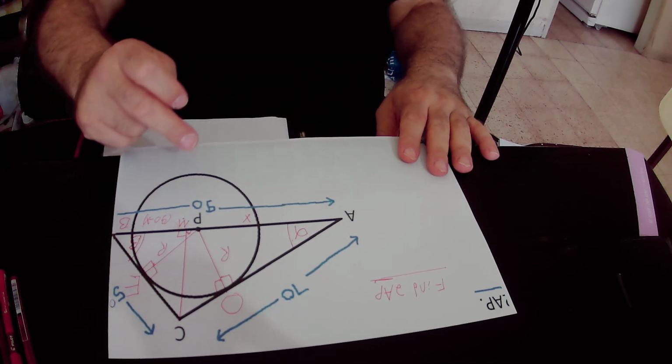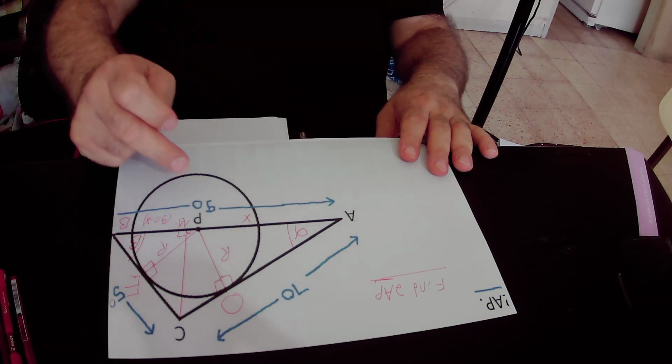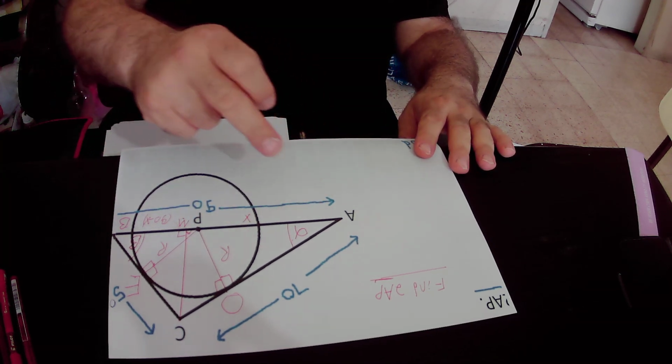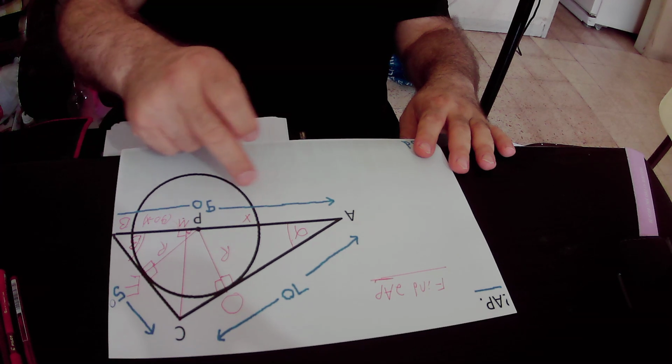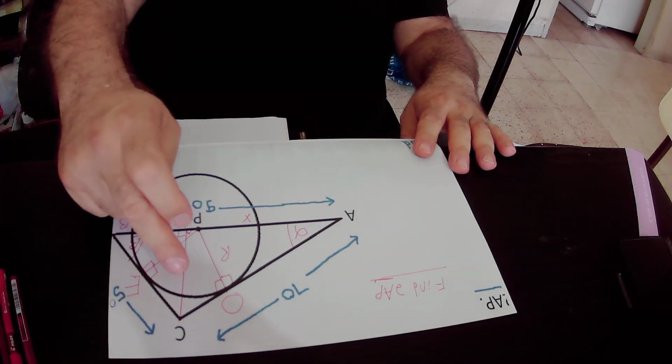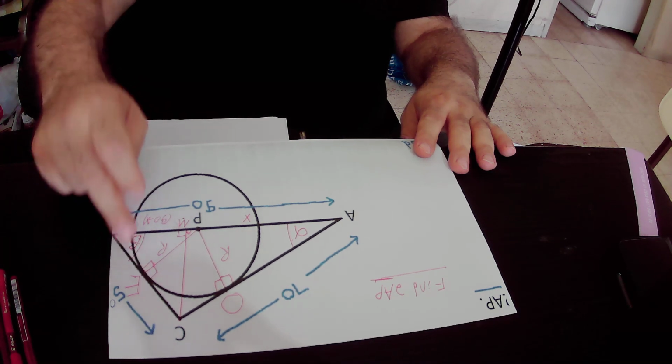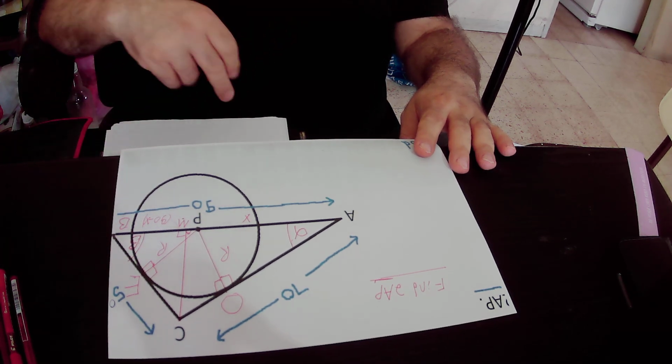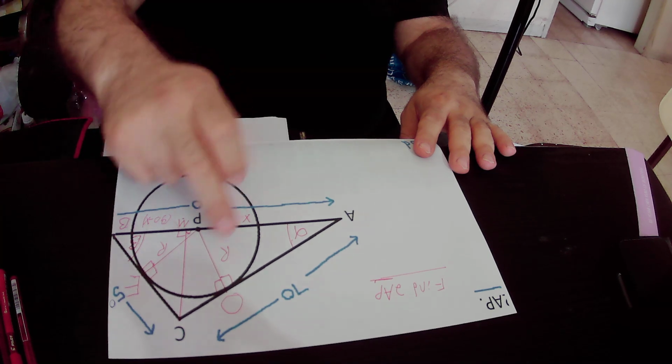We have triangle ABC with side AB equal to 90 units, side AC equal to 70 units, side CB equal to 50 units, and also we have a circle.